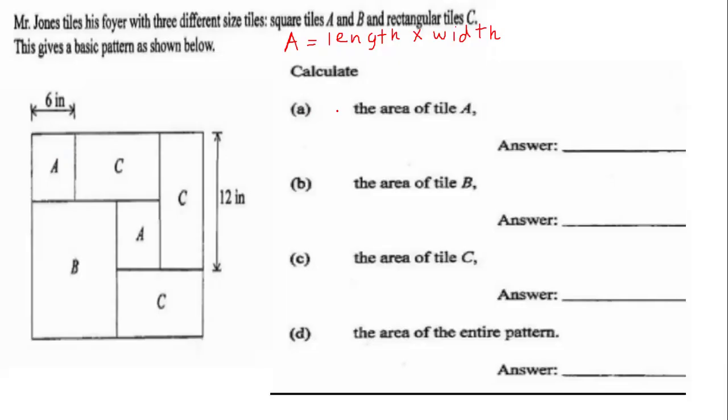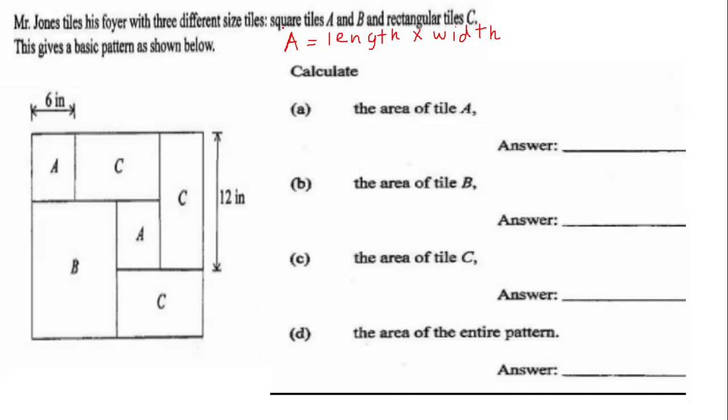Very good. Why did you say 6 times 6? Because A is a square, so all the sides are equal. And if the length is 6, that means the width is 6 too. Very good. So she is right.